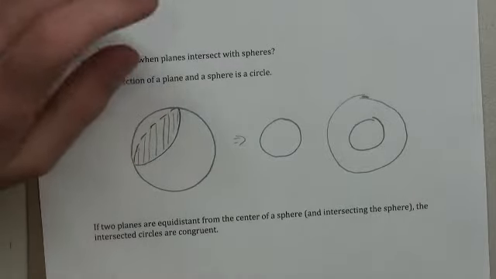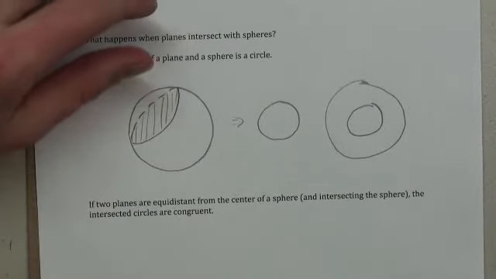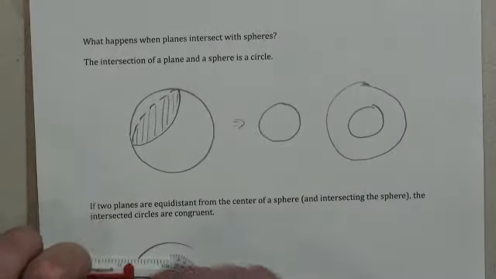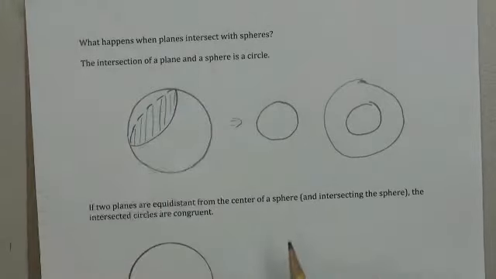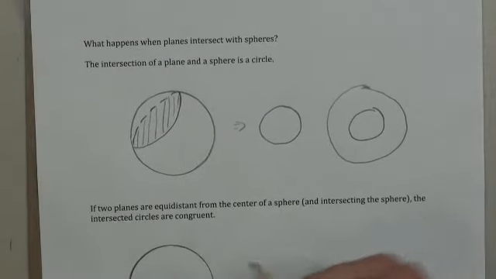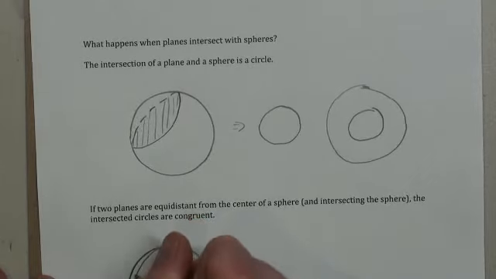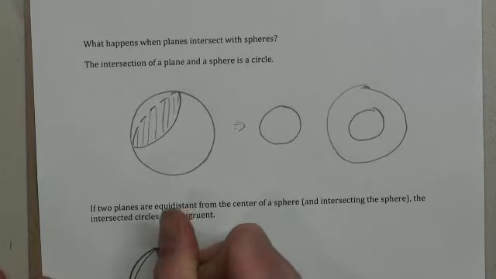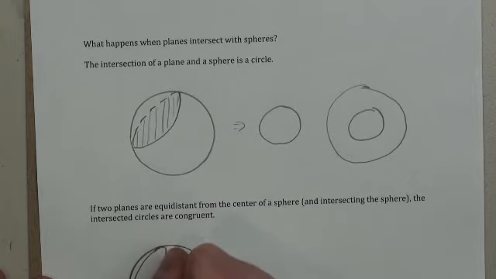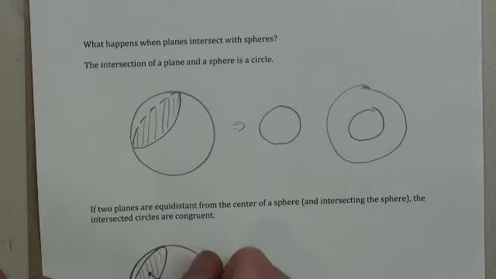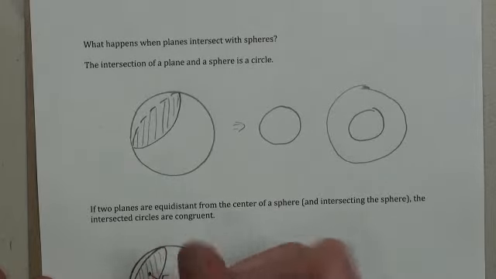Now here's an important fact. If two planes are equidistant from the center of a sphere, so let's draw our circle again, and we have a center. Let's say we have one plane here that we cut, and let's say the distance from the center of that plane to the center of this sphere is r.